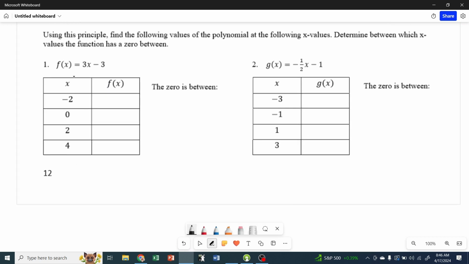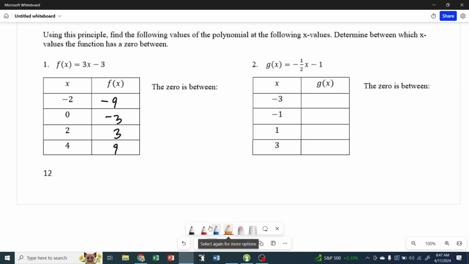So just plugging in x equal to -2, 3 times -2 is -6, minus 3 is -9. 3 times 0 is 0, minus 3 is -3. 3 times 2 is 6, minus 3 is +3. And 3 times 4 is 12, minus 3 is 9.